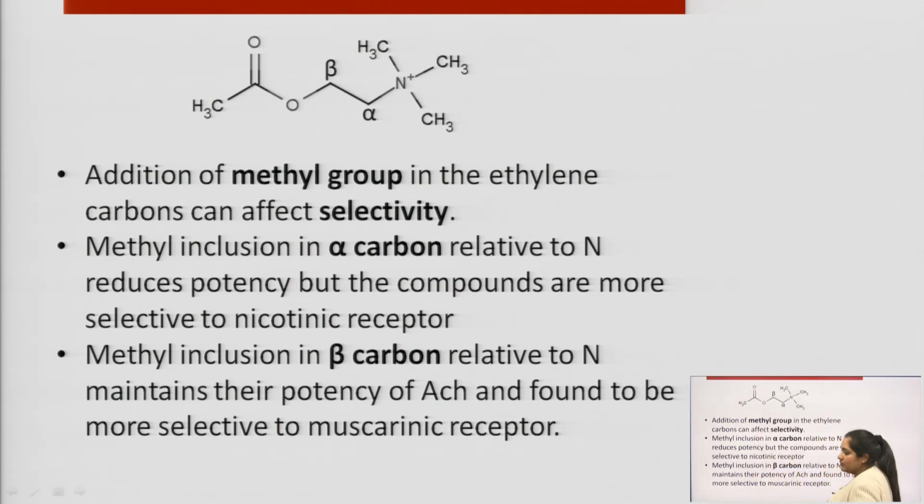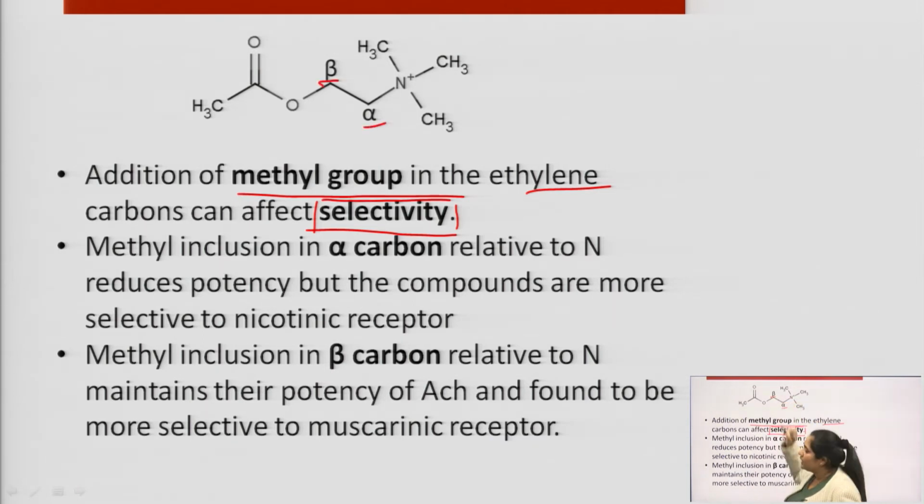Like addition of a methyl group in the ethylene carbon can affect the selectivity. If we introduce it at either the alpha or beta position, the effect will be defined by the position. Suppose we introduce a methyl group in this alpha position like this.